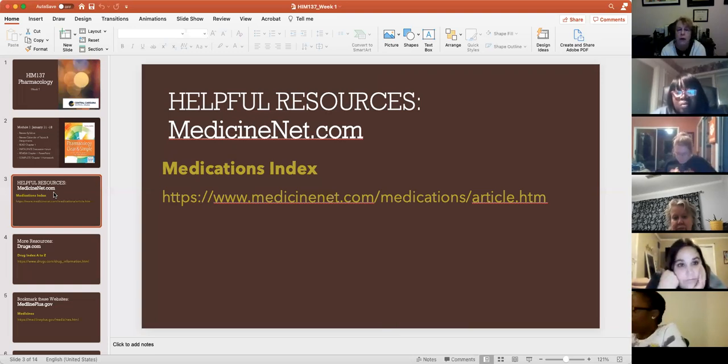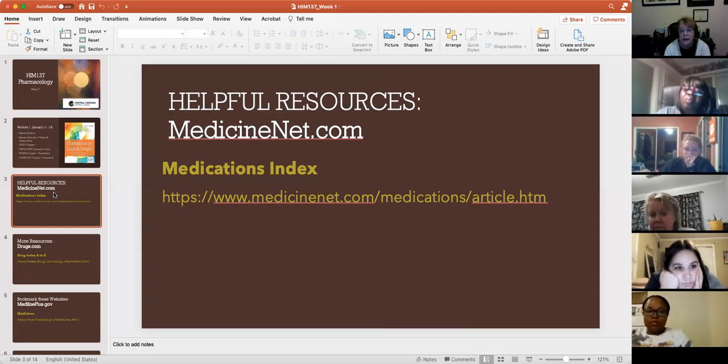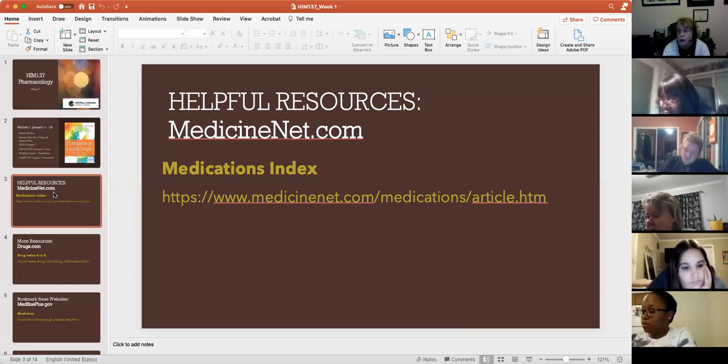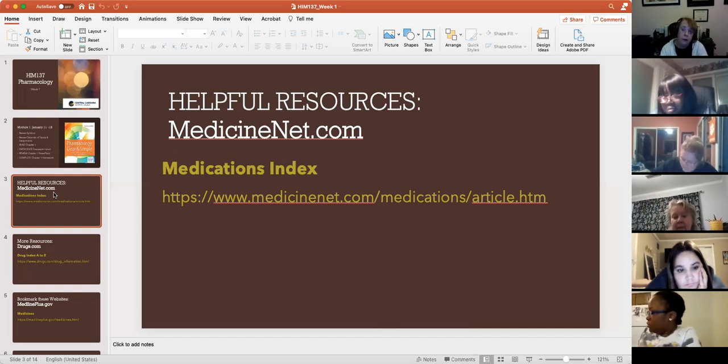So the first one that I want you to bookmark or make a favorite, whatever browser you're using, is this medications index from MedicineNet. It gives you the opportunity to look up the different types of medications. You might want to use this in your own personal life as well to check out if a physician prescribes something for you.